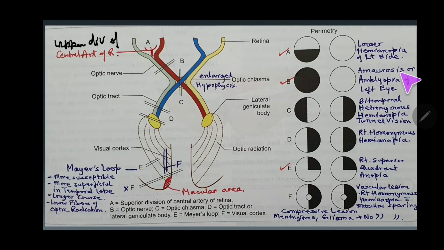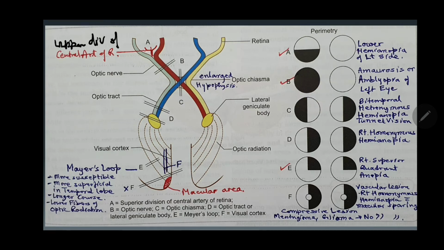That is the only difference between the two. Amaurosis is complete blindness, and amblyopia is gradual diminishing of the field of view. The field of view will not be clear, there will be less brightness, and the area will keep diminishing.